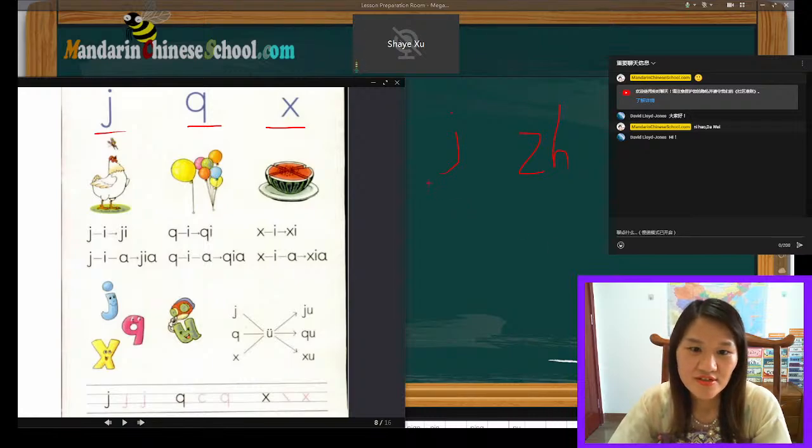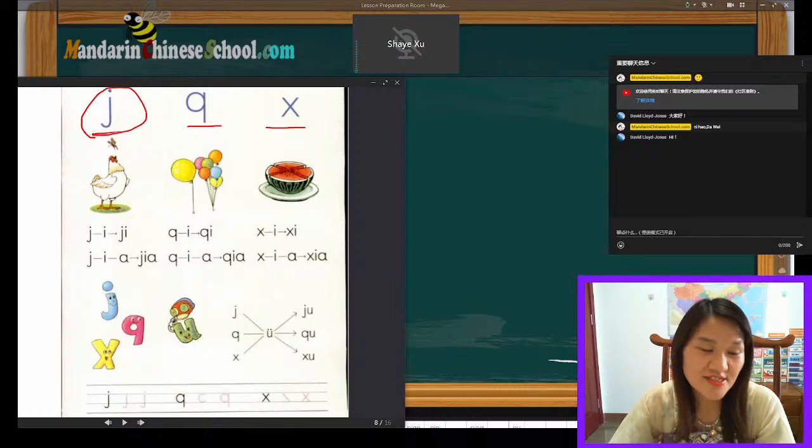They couldn't tell them apart. So some of my students they couldn't say this one properly.